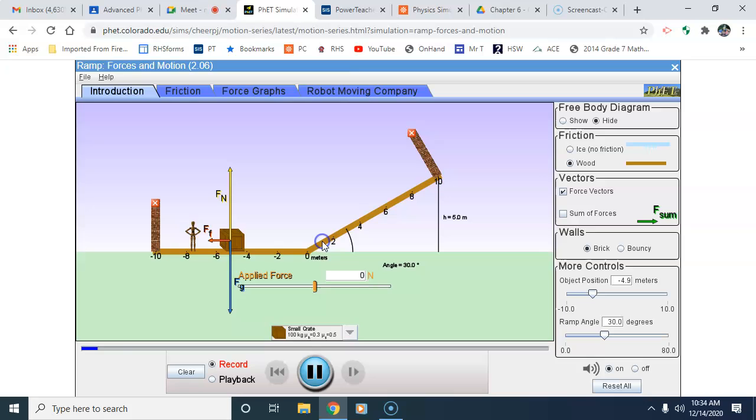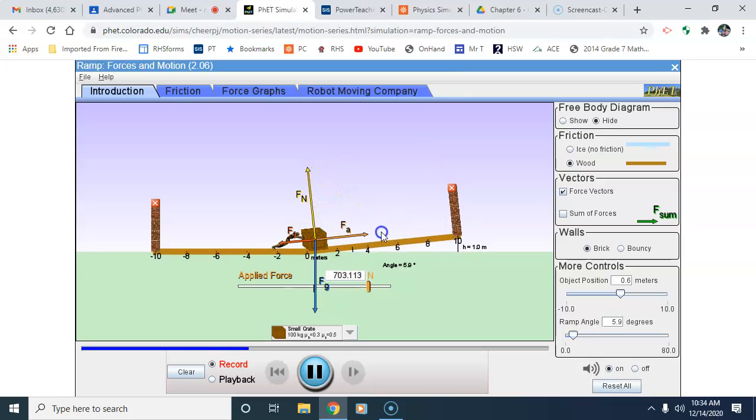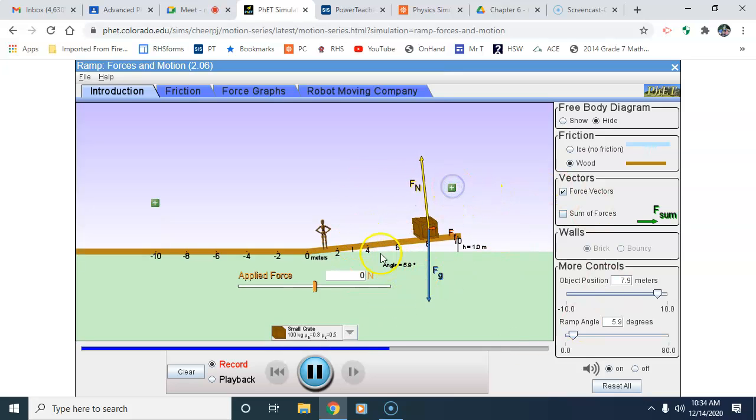There, we got a wall up there now. I just want to get it on the hill. Oh, hill's too high. Hold on. Let's put it on a hill that it doesn't slide. There we go. Alright, so it's not much of a hill, but it's a hill. I'm going to get rid of the force vectors now because we'll do our own diagram with that.